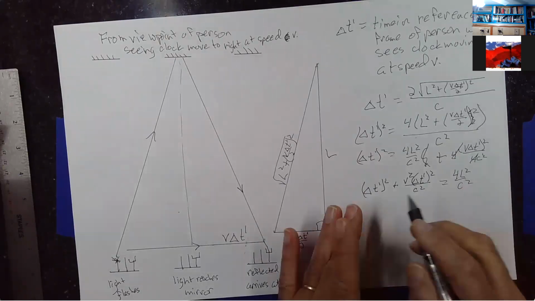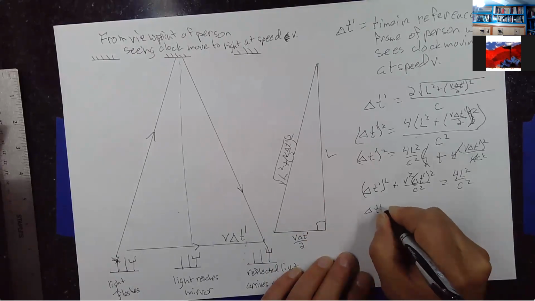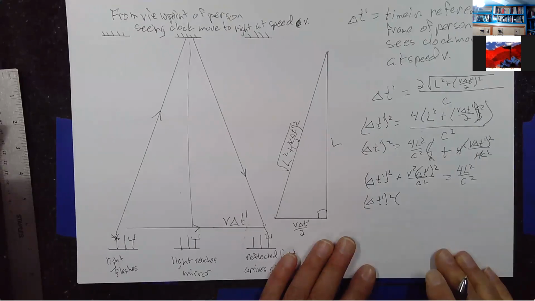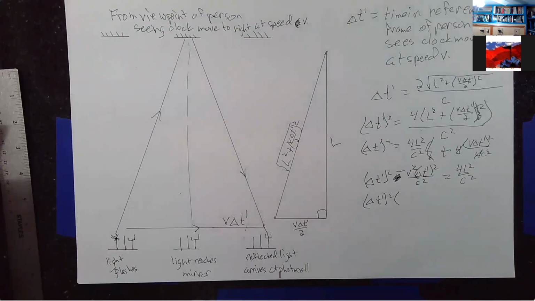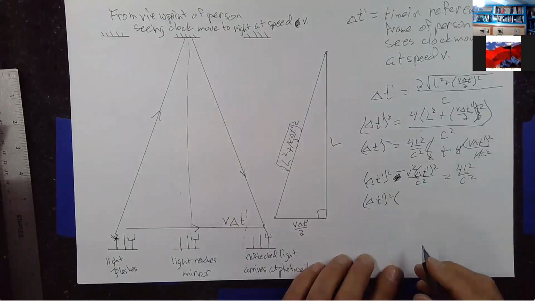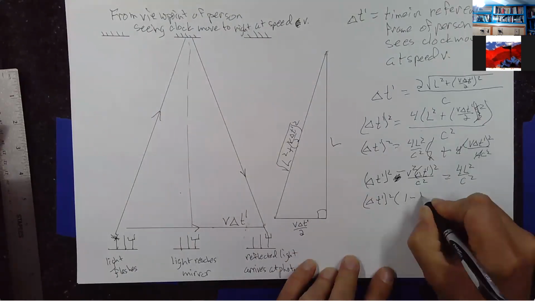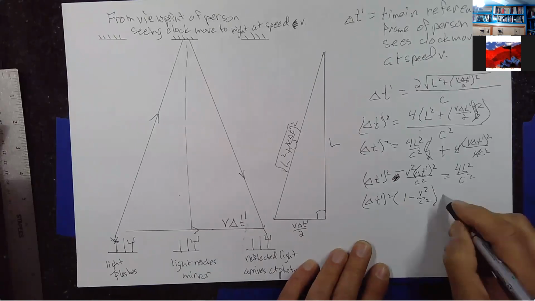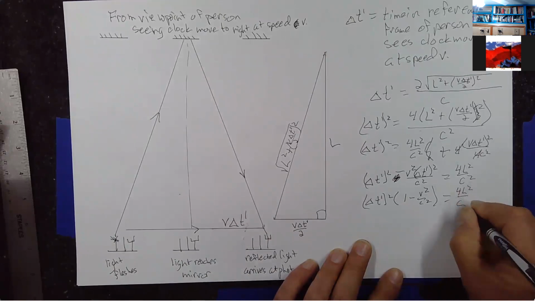Then factor the delta T prime squared out of here. Wait, you subtract the V squared delta T squared first. Yeah, it should have been a minus sign. Okay, anyway, left inside here I'll have 1 minus V squared over C squared, and then that equals 4L squared over C squared.